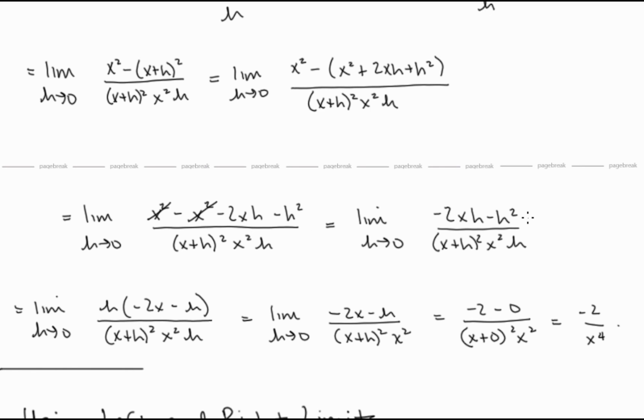And what remains in the numerator, all the terms have a factor of h. So we can factor out that h and cancel with the h in the denominator. Now at this point, we can plug in h is equal to 0. And so our limit here is negative 2 over x to the 4th.